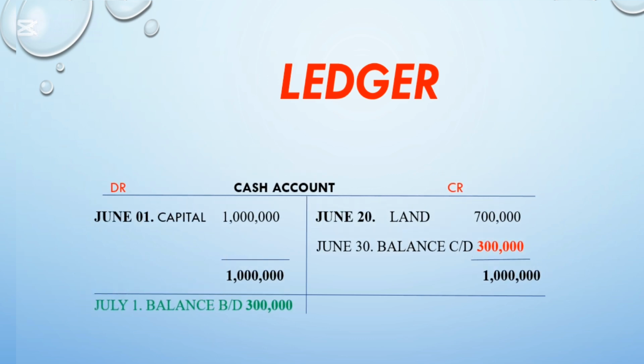What is debited in the journal must also be debited in the ledger. So the cash account: remember, when we record a transaction on this side, we mean that the cash account is being debited and is being increased in value.